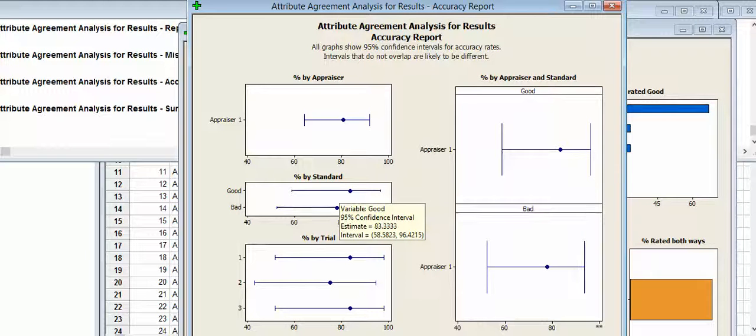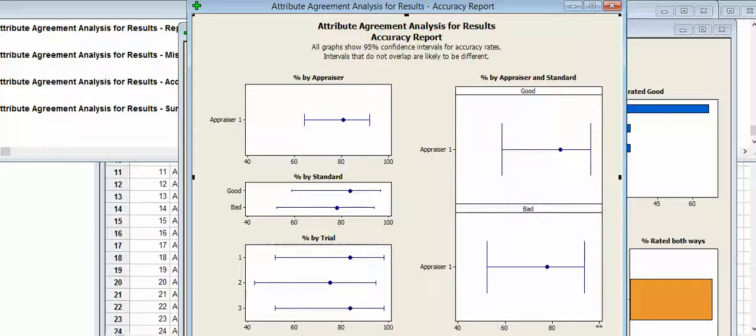Remember that 83%, or 17% error, versus the variable of calling the good ones, and the number for the bad, the percentage is a little bit lower, in this particular case being 77%.